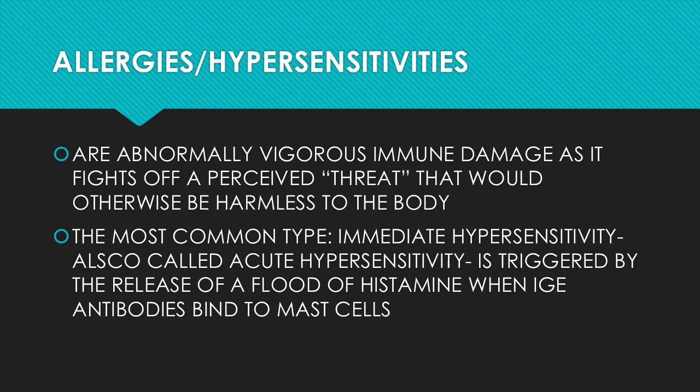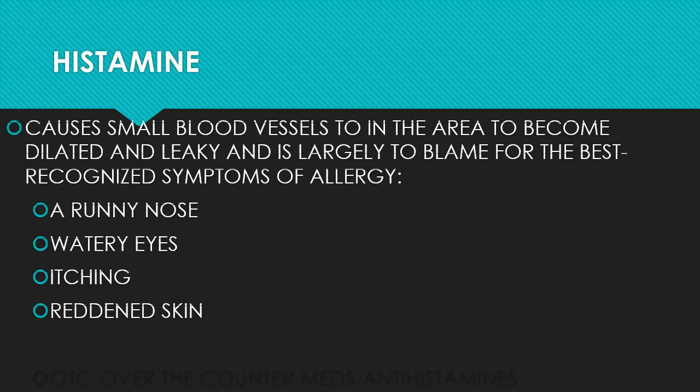The most common type is the immediate hypersensitivity, also called acute hypersensitivity, triggered by the release of a flood of histamine when IgE antibodies bind to the allergen. So histamine causes small blood vessels in the area to become dilated and leaky, and is largely to blame for the best recognized symptoms of allergy, like the runny nose, watery eyes, itching, reddened skin.